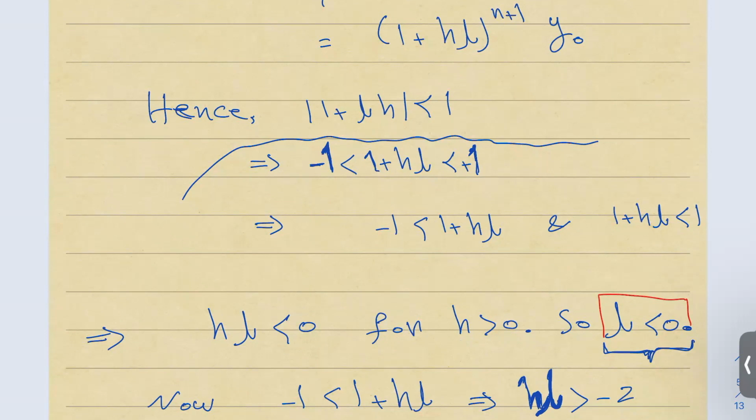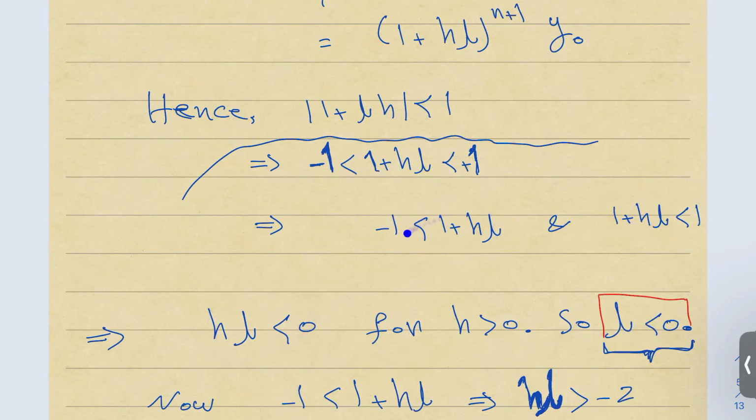It's going forward with h positive. So therefore from here lambda is less than 0. But if h is less than 0, then lambda should be bigger than 0, because we've got this condition from here.